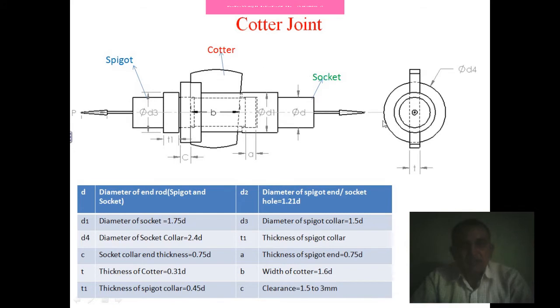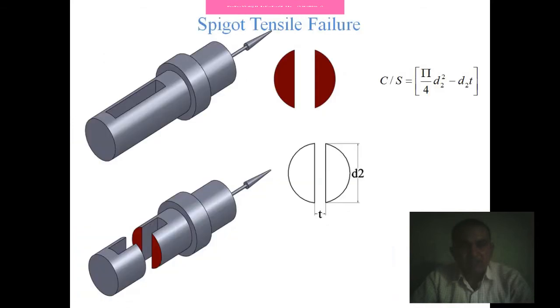Based on these notations and nomenclature, our aim is to find the typical cross sections where these elements fail, after the assembly has some external force P applied. Based on P, we find the area where it fails. Starting with the spigot, this is its free body diagram.